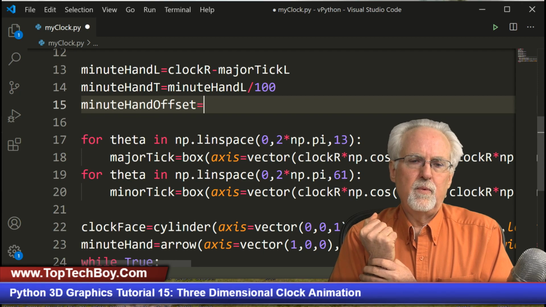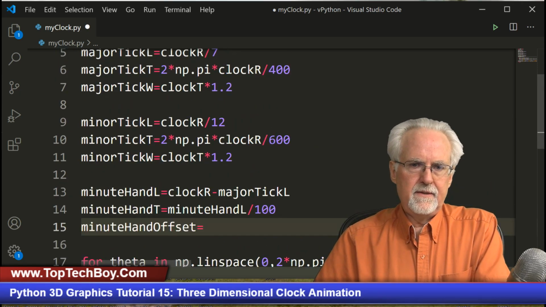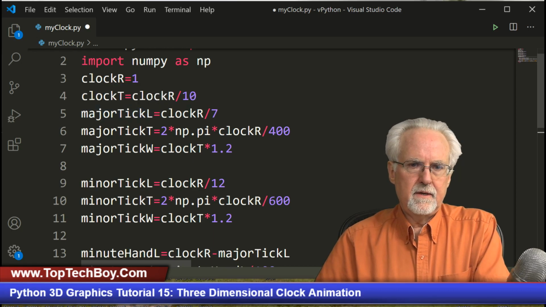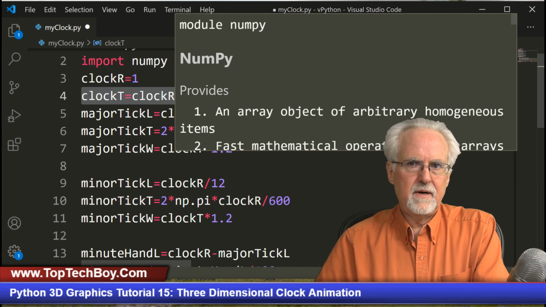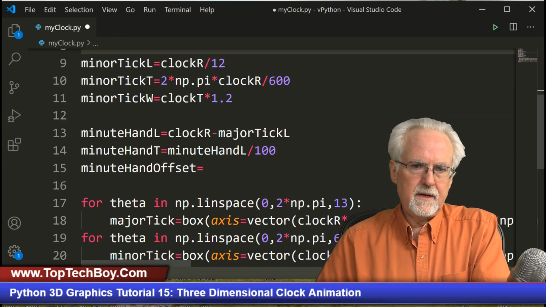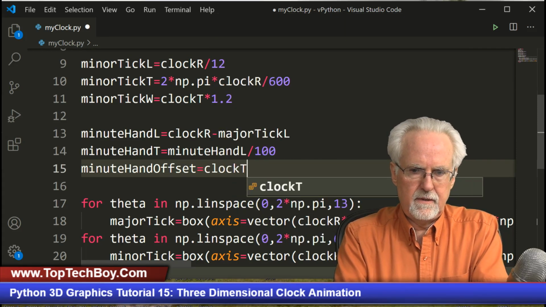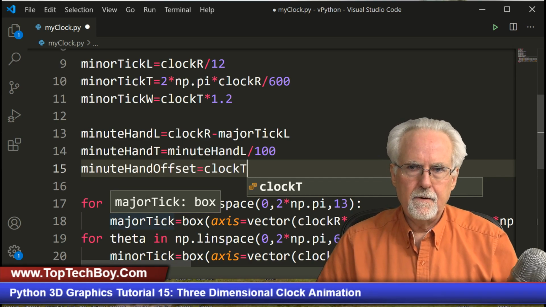Let's say that we are going to move it out by the clock thickness, okay? Because that should be all the way above it, if I am thinking right. C-L-O-C-K, thickness, like that, right?